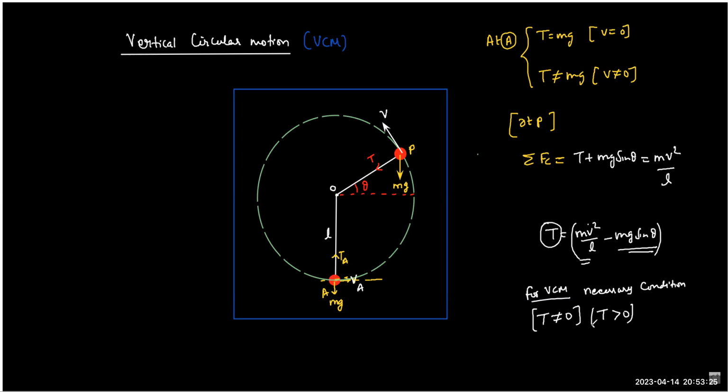Now, as you go above the horizontal, there is a chance. But as you go below the horizontal, should we be worried about the tension if we are here somewhere? No, because the mg will have the opposite component, right?